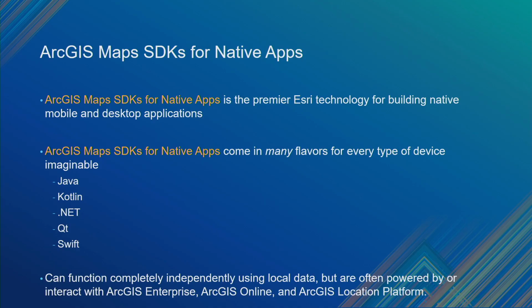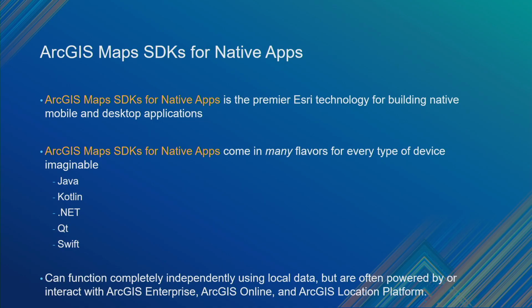The great thing about the Native Apps SDK too is it supports a variety of ways in which you might want to be connected or disconnected to your ArcGIS Enterprise. Maybe you have native applications that you want to operate solely on data that's locally available on that device, on that desktop, on that mobile device you're working on.